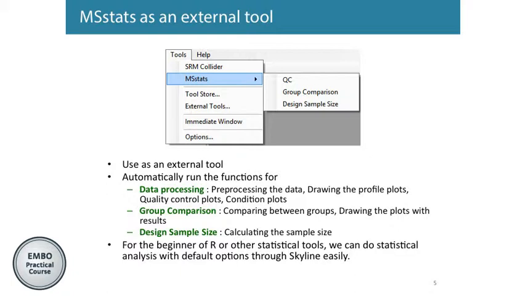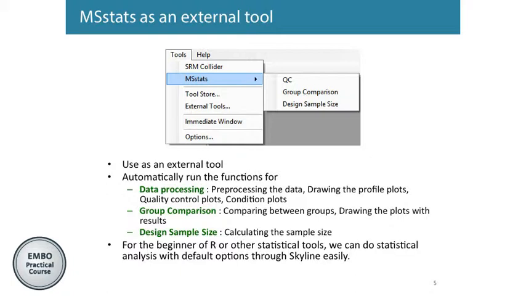But the idea came: how about we just use MSstats within Skyline, not as a separate program? It would be really easy if you have a user interface. That makes it easier for the user. So that's why we started to develop the external tools, and they make everything simple. Now we are in the developing step. Our external tool only does the default option, but we can expand it as much as we can.